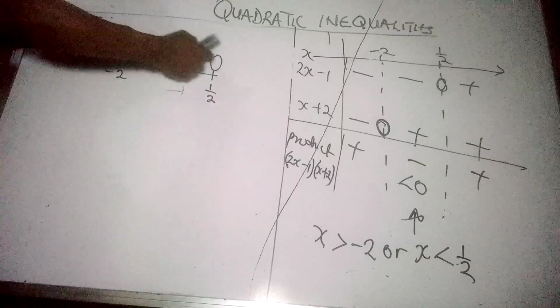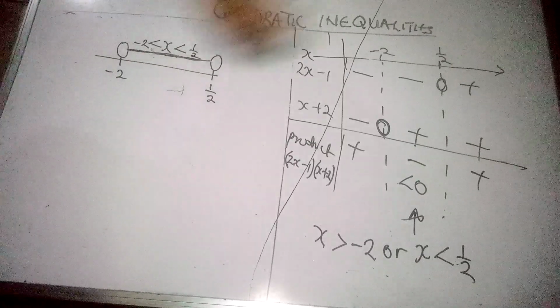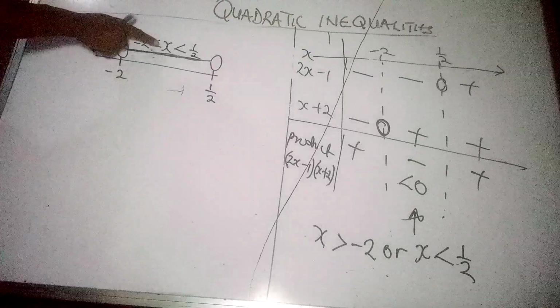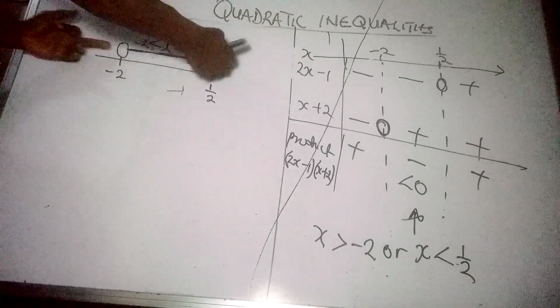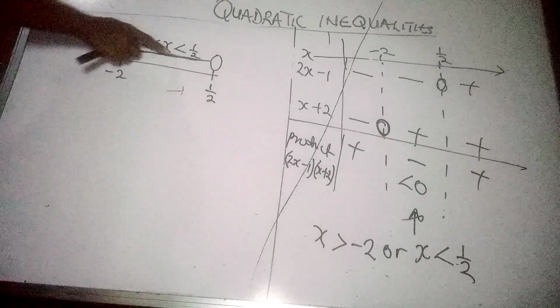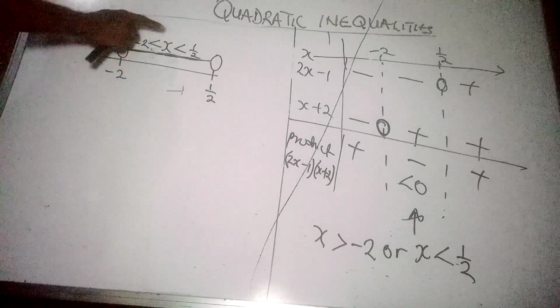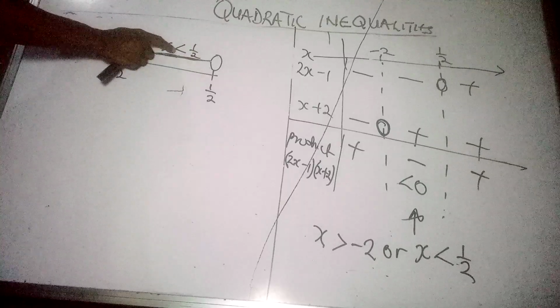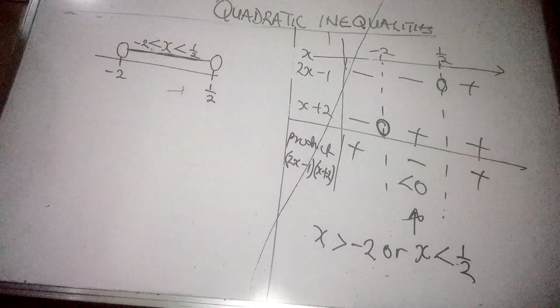Because they are lines joined together. You know, the first one we did, their lines go separate way. That's why we cannot combine them together under one x. But now that the lines are joined together, then that means x greater than -2, because x is at the open end there. Why x is less than half? Because x is at the pointed end here. That's the end of quadratic inequalities.